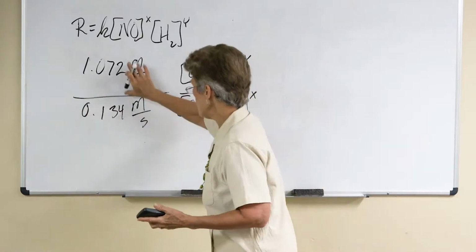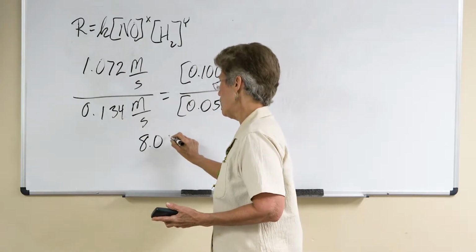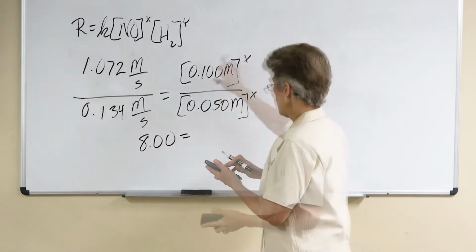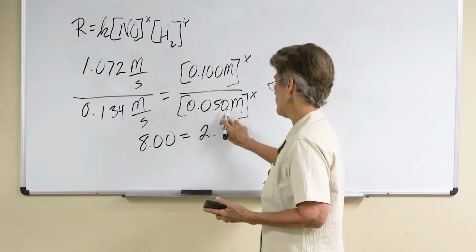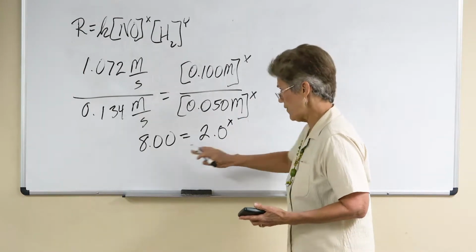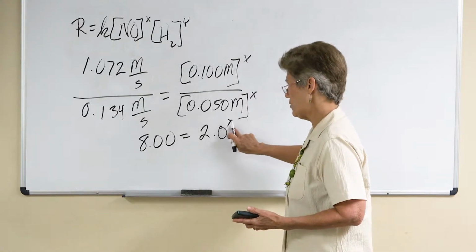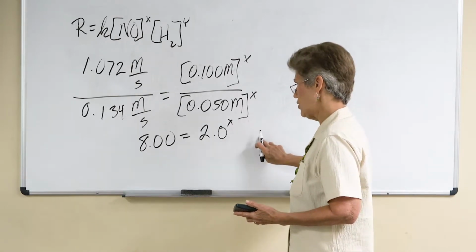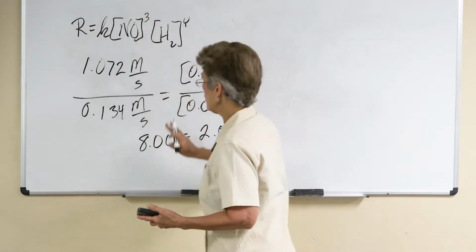And so this is going to equal 8.00, 3 significant figures, equals 2, 2 significant figures, to the X power. And so for this statement to be true, X would have to be 3. Because 2 times 2 is 4 times 2 is 8. So X would have to be 3. So we're going to go up here, and we're going to put the 3 in for X.